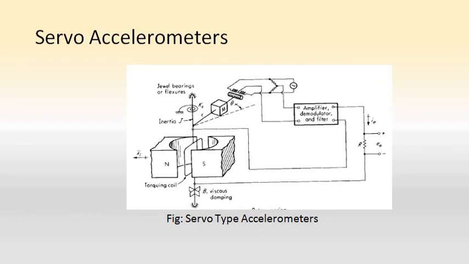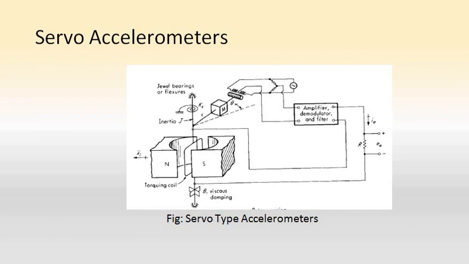This current, which is required to produce a coil magnetic torque that just balances the inertia torque due to xi, is directly proportional to xi. So we can say the output E0 is a measure of the acceleration xi. In this case a non-zero displacement theta is necessary to produce a current Ia. Theta is the angle by which the mass is moved from the null position.